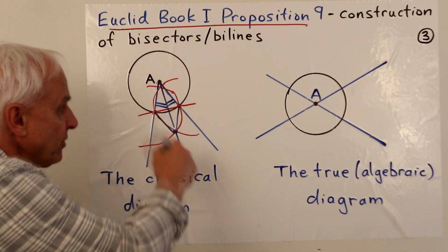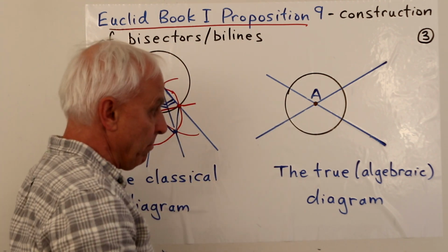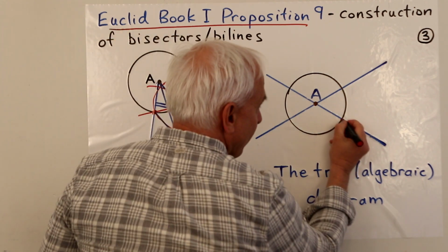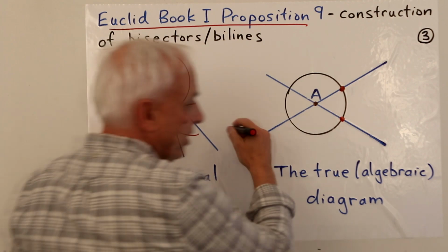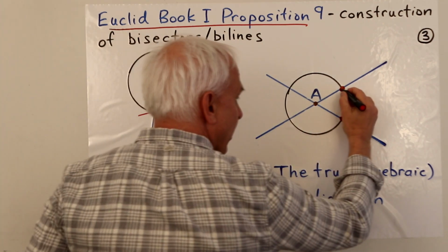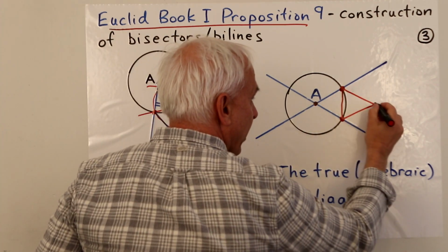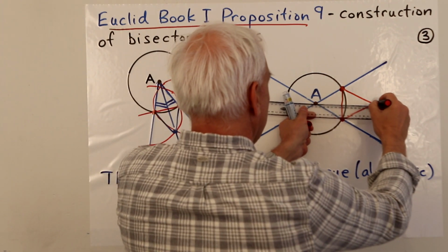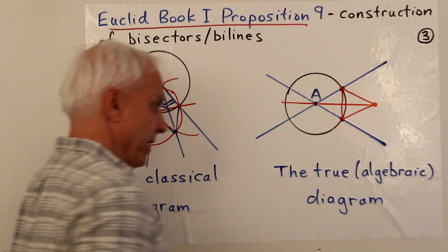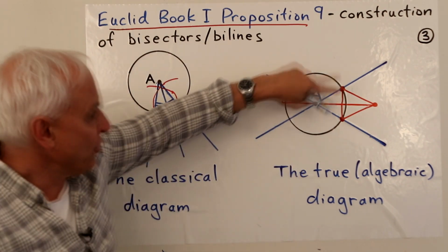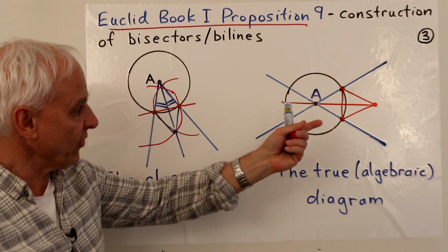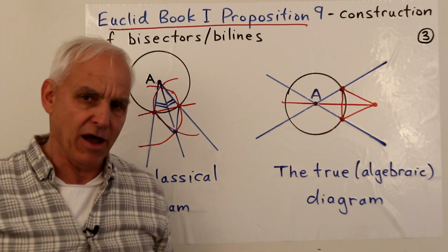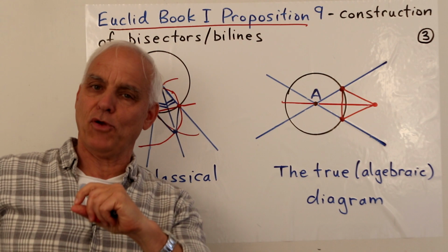Well, we still use the circle centered at A and see where it meets, say, the 2 lines. So we could use that point, and then we could do the construction that we've just done and get this equilateral triangle there. And then we could say, aha, now we have an angle bisector. Fine. But actually, when you're drawing the circle, there are some choices involved, because this circle meets one of these lines, if it does at all, in 2 points typically.